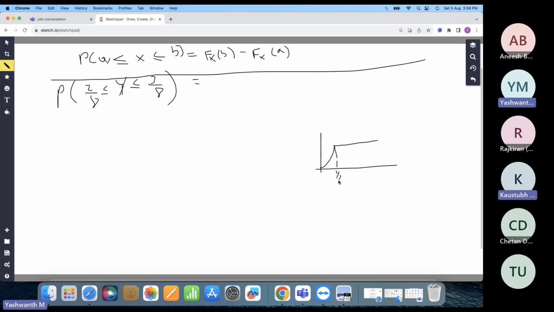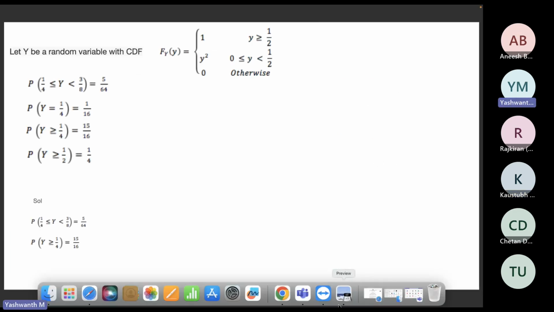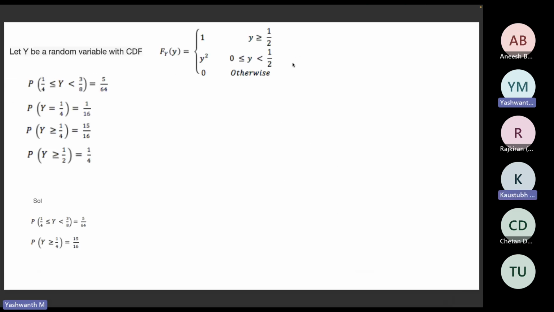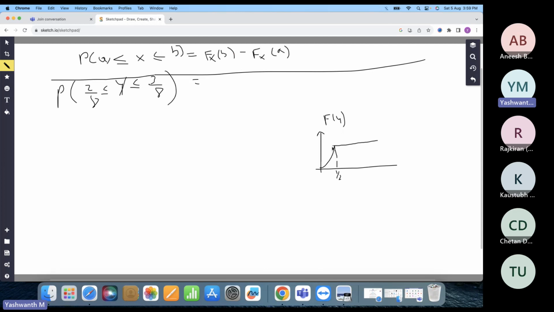This is 1/2, this is 1/2, and this is 1, and this is F of y. Sorry, actually, at 1/2 this is 1/4. Sorry, this is not how it looks. This is 1/4, from 0 to 1/2.